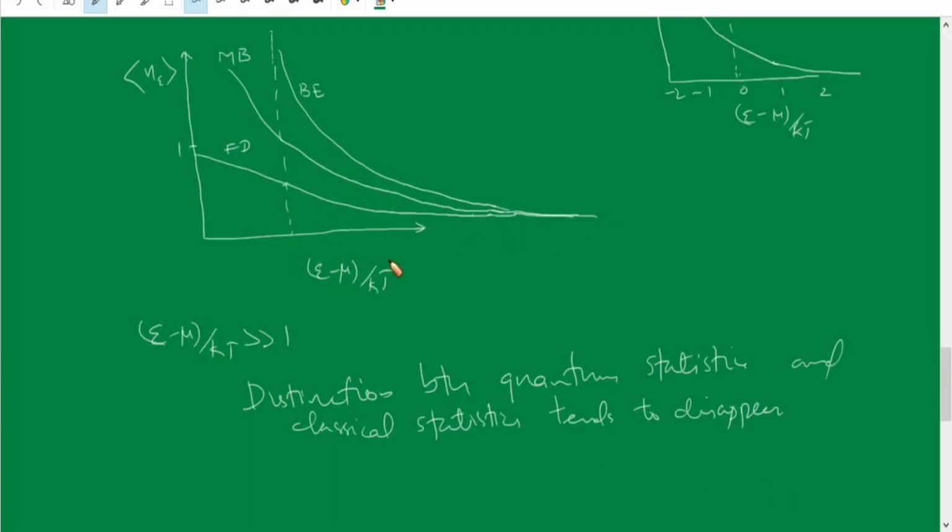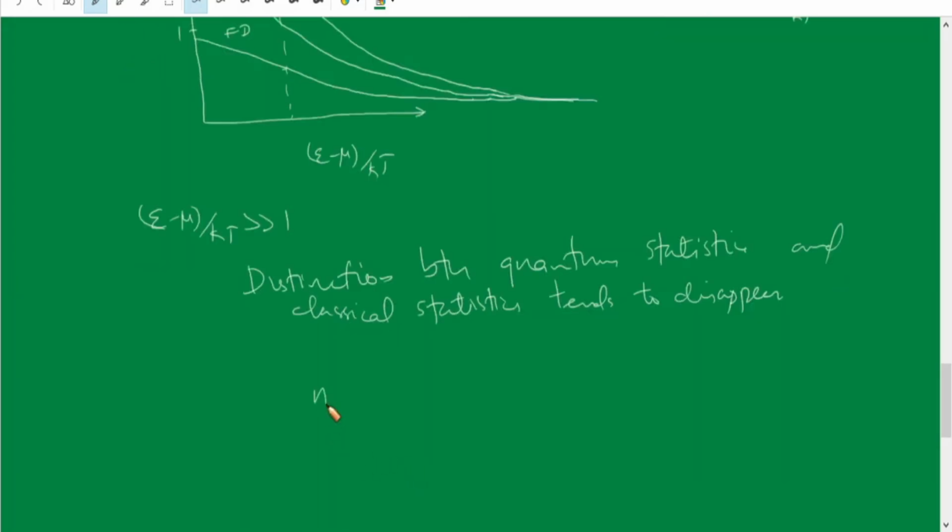What is the value of Ne? The value of Ne is very much less than 1. It is very negligible. It implies that the probability of any of the Ne being greater than unity is quite negligible.